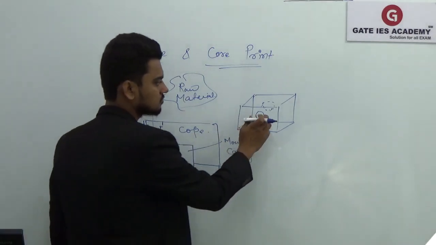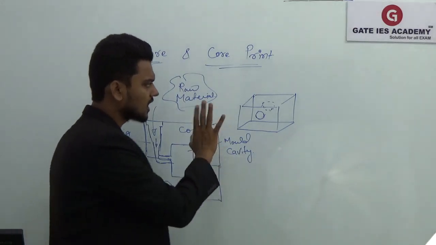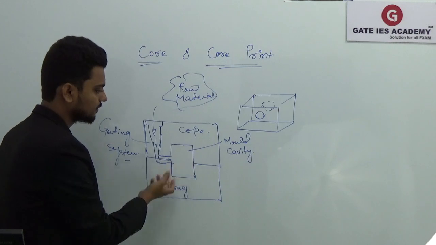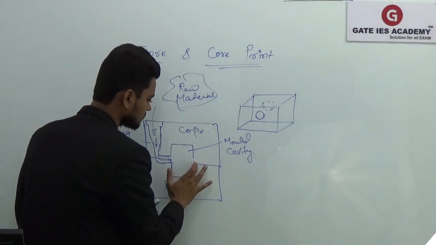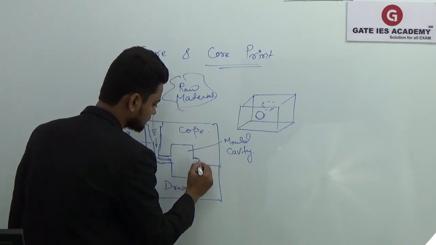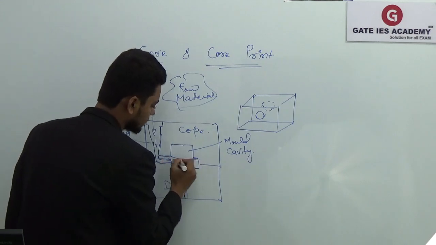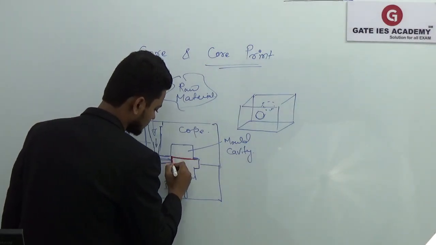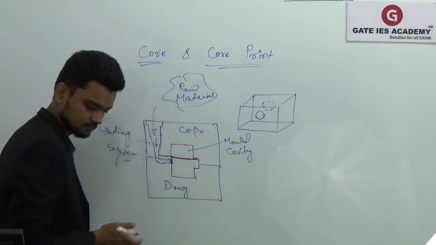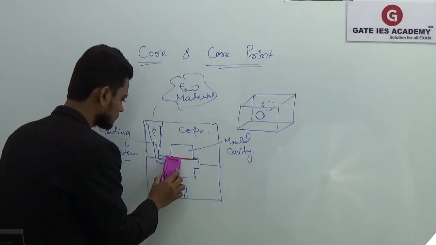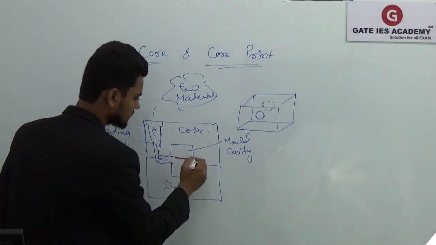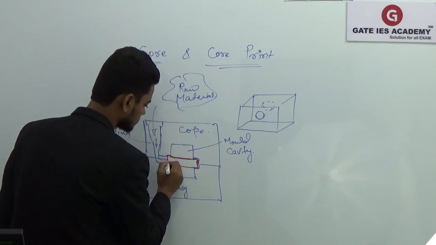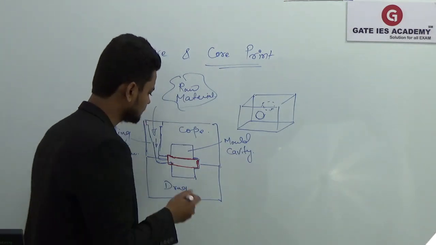Now, to make the cavity in your casting, you will have to place the core in the mold cavity, somewhere here.